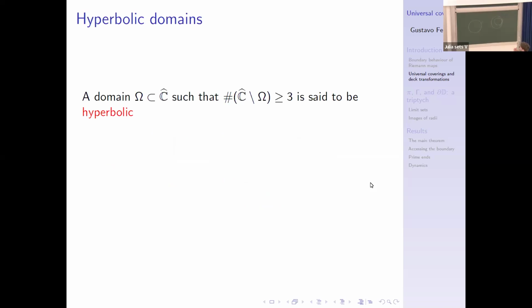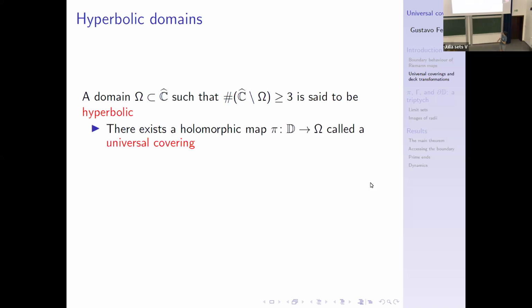So first, what domains are we looking at? Well, a domain of the Riemann sphere, right? We say that it's hyperbolic if it omits at least 3 points, right? And for such domains, there exists a holomorphic map from the disk to omega that's called a universal covering, which means that it satisfies some very nice properties.